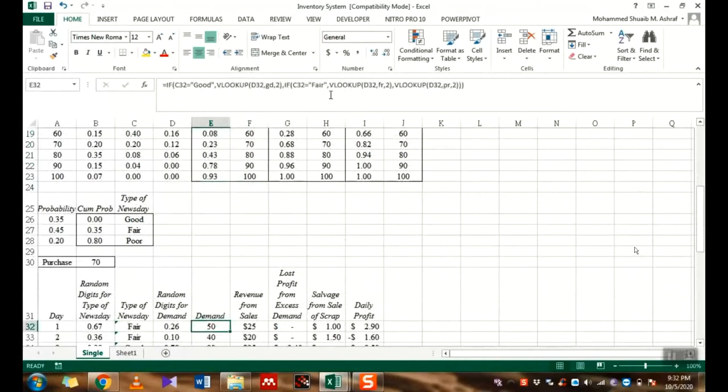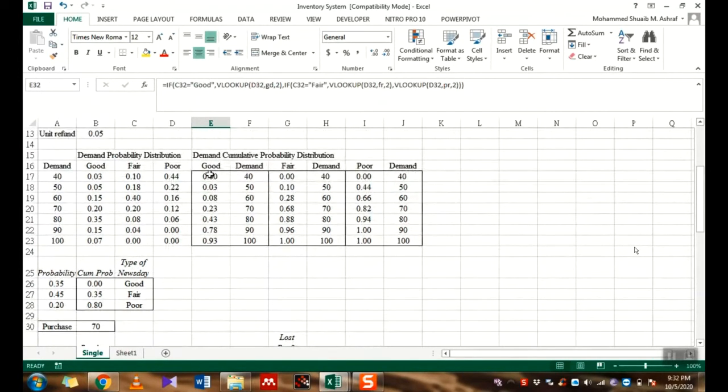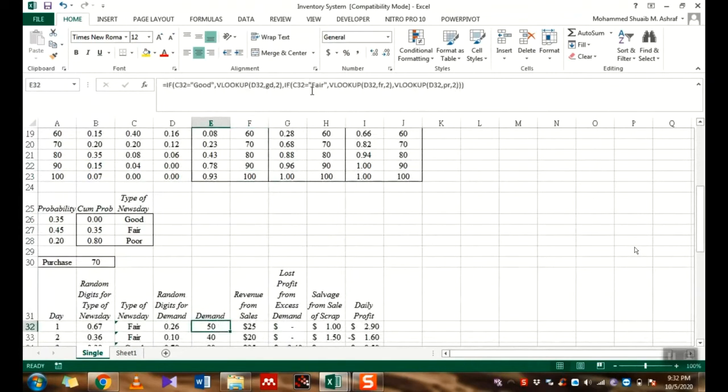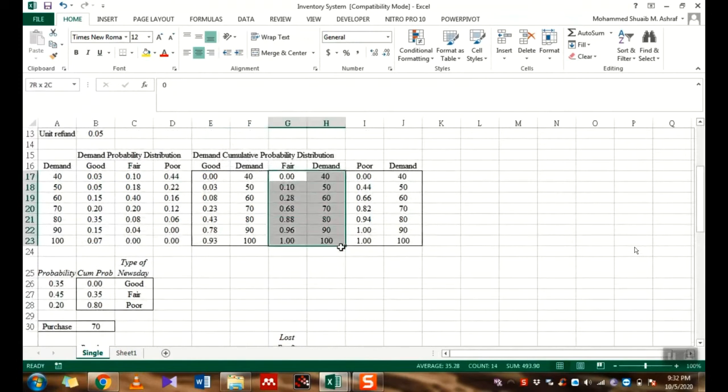See, this is quite simple. This is equal to, if the news day is good, we will look up this. If the news day is fair, we will look up this.